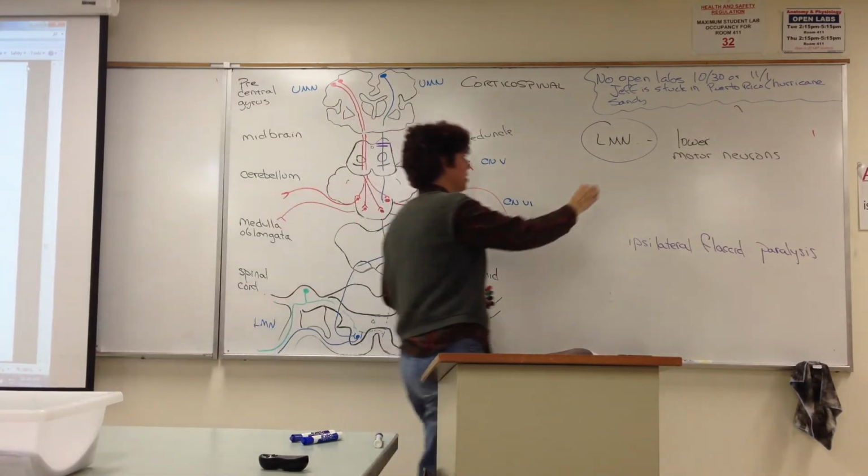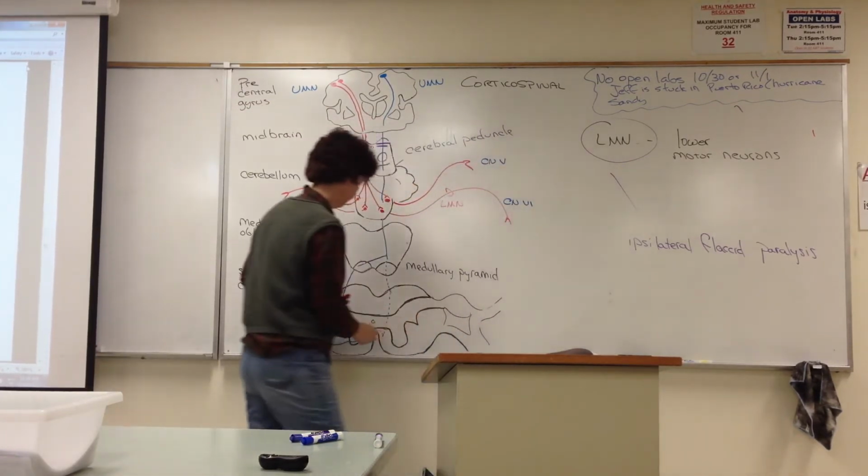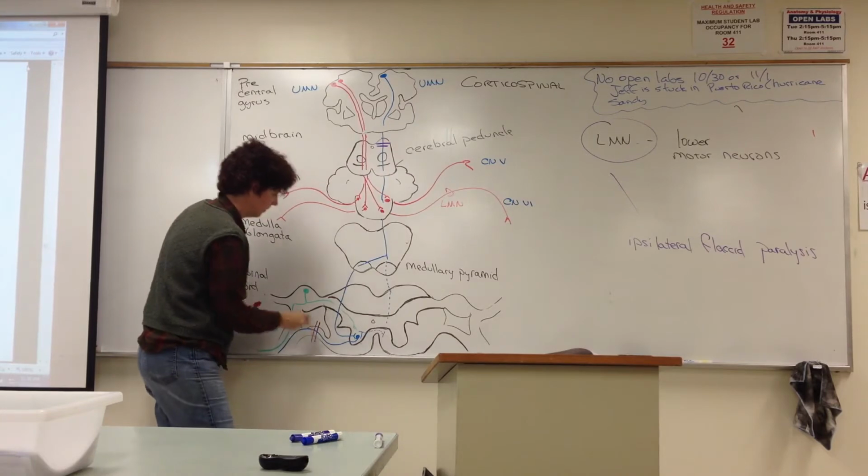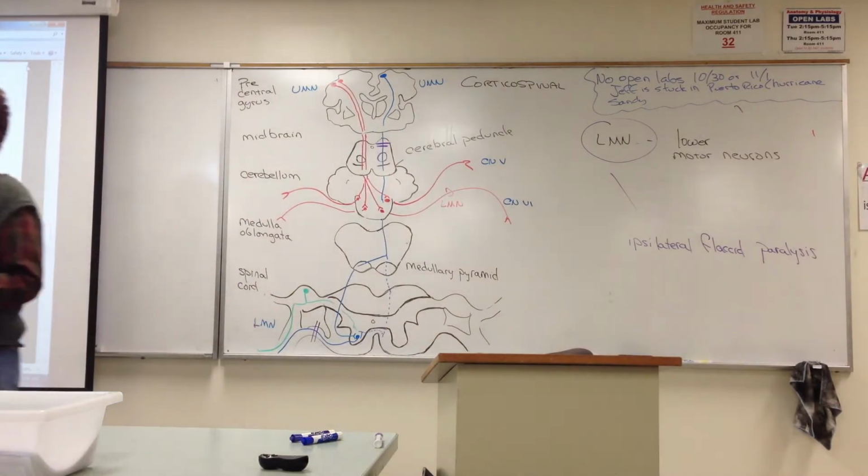So a lesion of the lower motor neuron is going to result in ipsilateral flaccid paralysis.